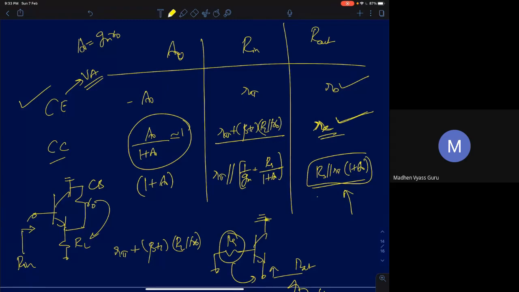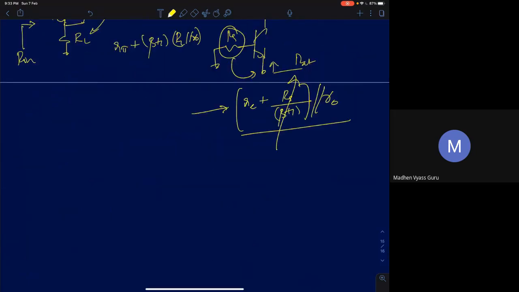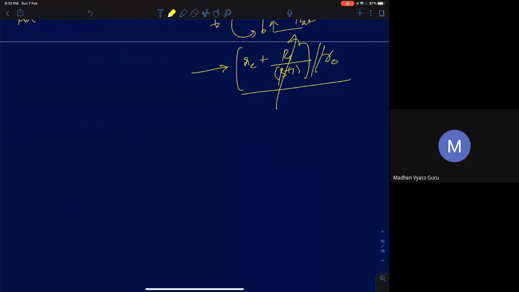So as an engineer, can you combine any two amplifiers to behave like the perfect voltage amplifier? I need high gain, I need high input resistance and low output resistance. So which amplifiers can I combine? I need very high input resistance. I think some of you got it. You need to combine a common emitter plus a common collector.